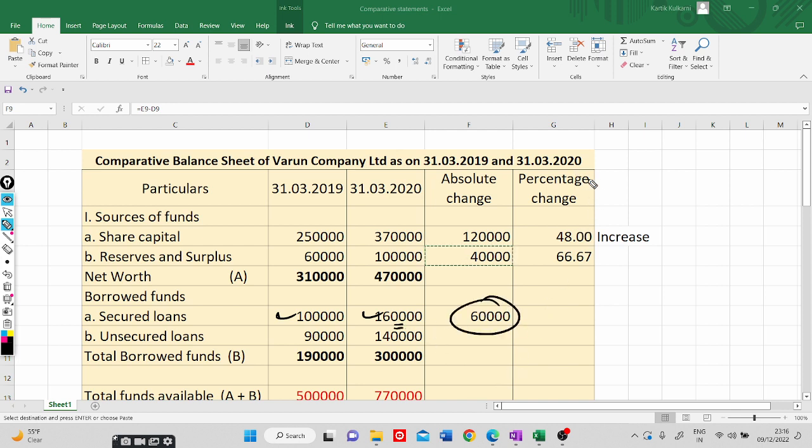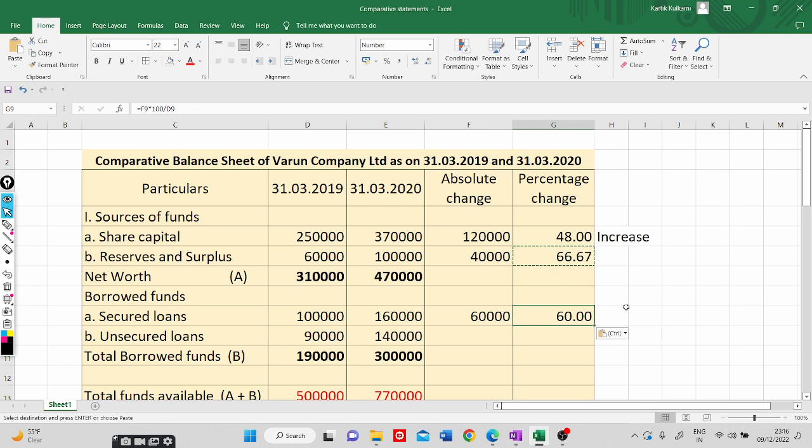This we can calculate in the percentage as follows: 60,000 multiplied by 100 divided by 1 lakh. In this way we can calculate the percentage.